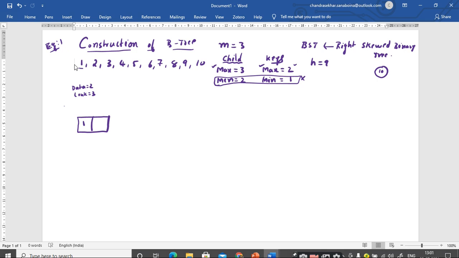Now tell me, is it the leaf node or root node? Please tell me whether 1 is inserted as the leaf node or root node. Leaf, sir. That is the important point you should remember.